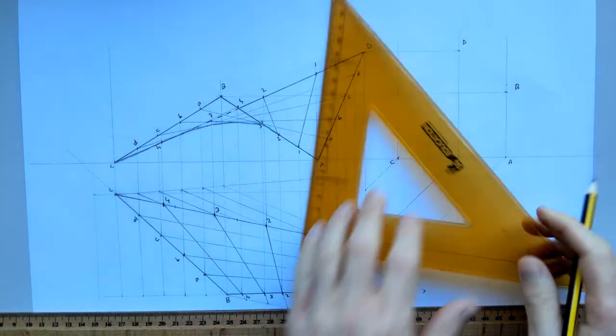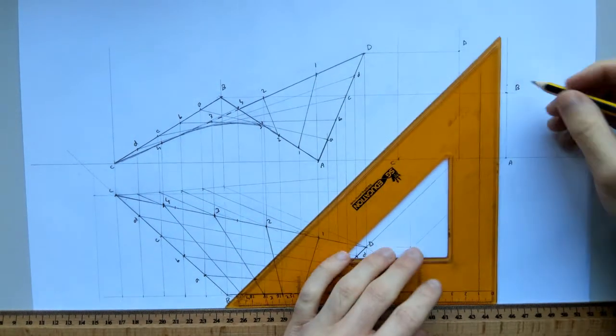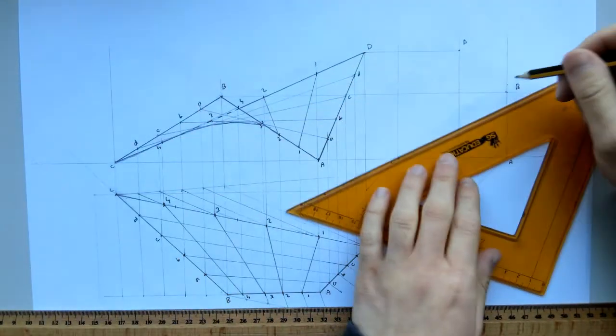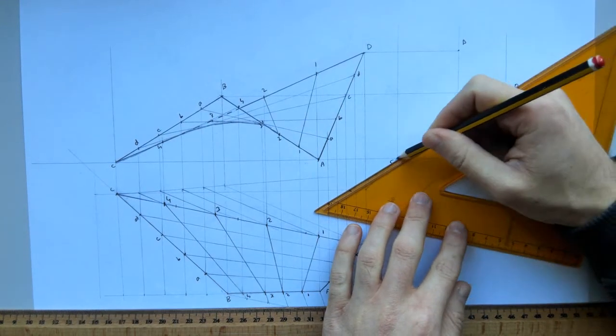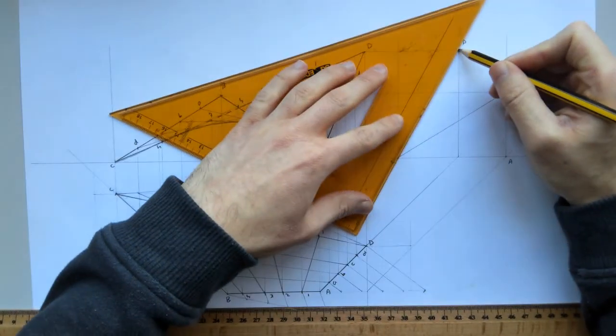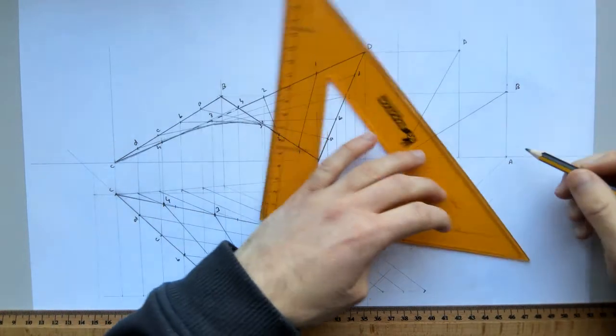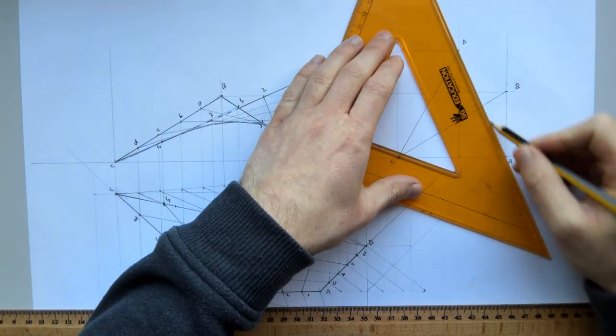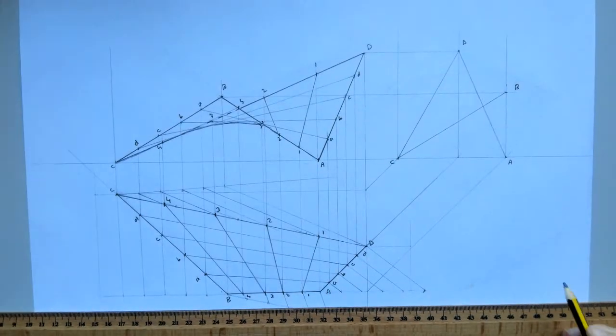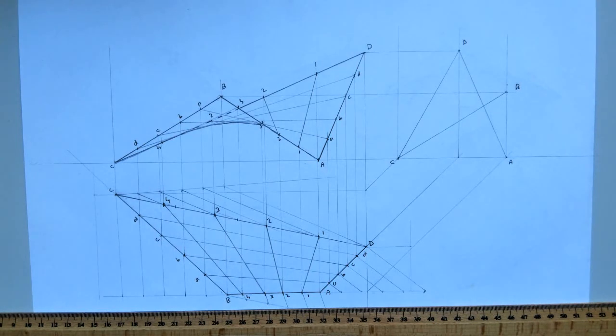Now I connect those together. So A and B are already connected, B connects to C, C connects to D, and finally D connects back to A. And we just carry out the same process again with all the elements. So I'm going to start with the line AD.